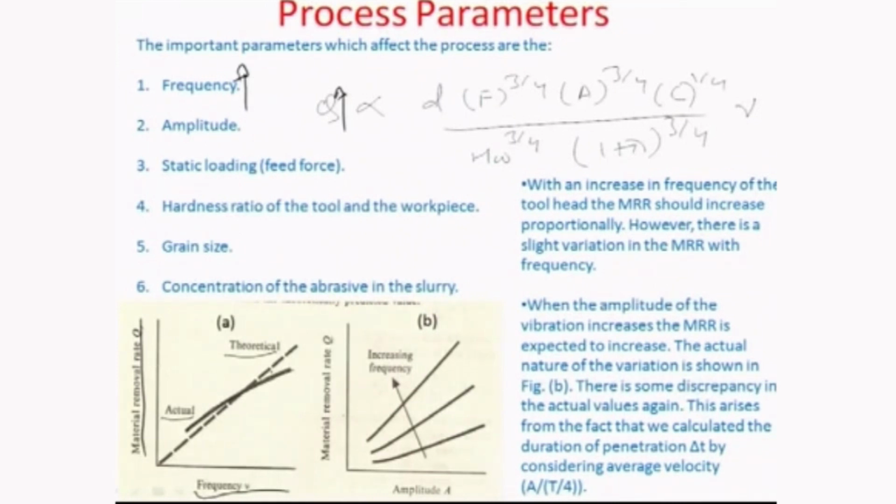So is the case with amplitude, as you may recall, A to the power 3/4 is proportional to the Q, the MRR material removal rate. So therefore, any increase in amplitude would also record an increase in the Q value, which is true here. As you see in one of the cases, for a certain frequency, let us say nu1, for an increase in the amplitude, there is a recorded increase in the material removal rate.